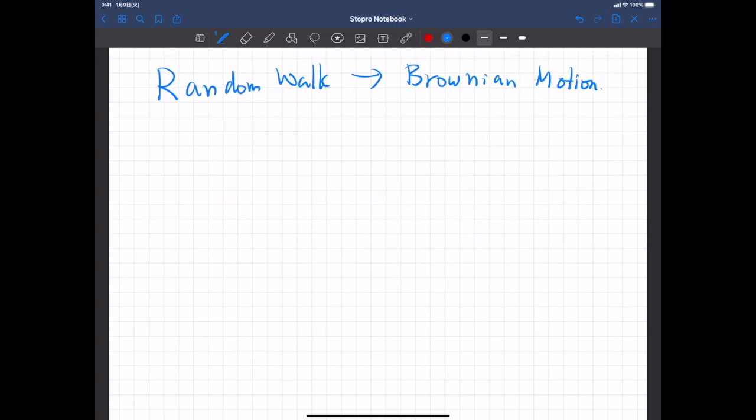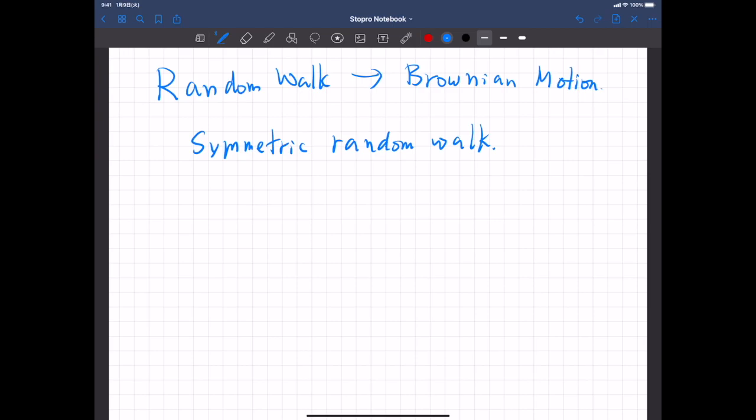Next, we would like to derive the Brownian motion as a limiting case of the random walk. So consider a symmetric random walk, unrestricted. But in this case, we make a few modifications.